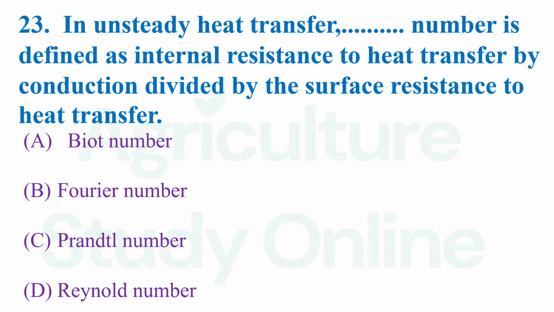Question 23. In unsteady heat transfer, dash number is defined as the internal resistance to heat transfer by conduction divided by the surface resistance to heat transfer. So it is Biot's number.